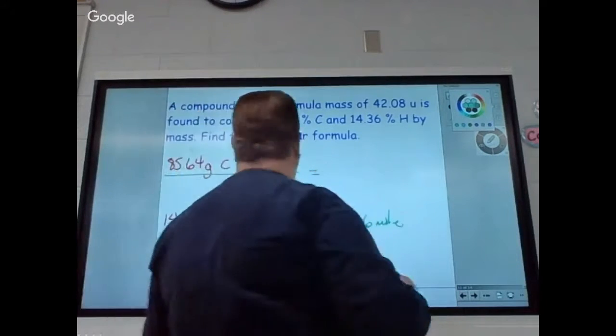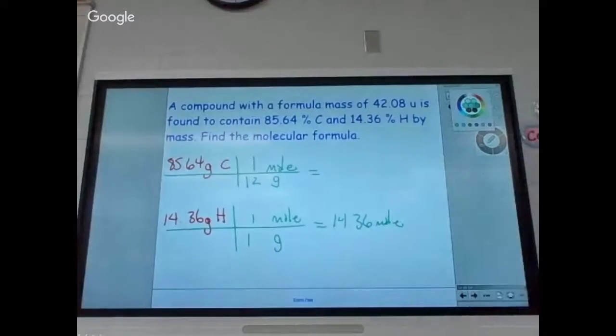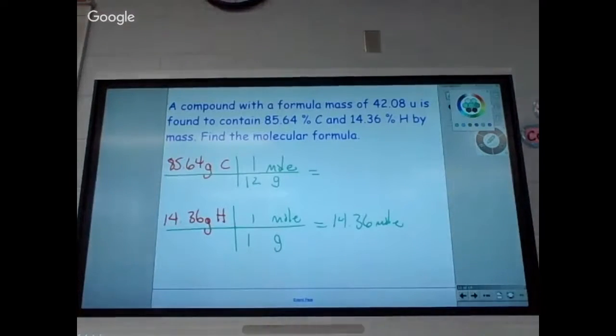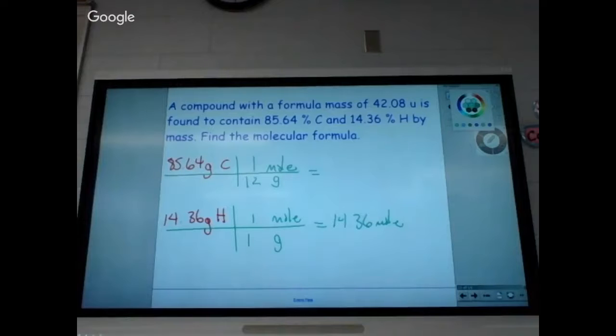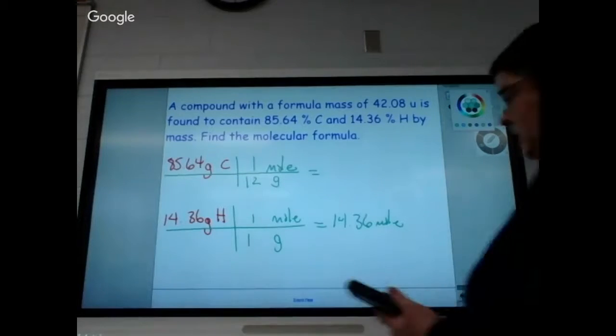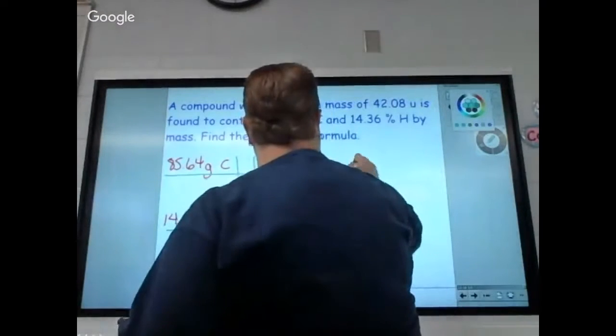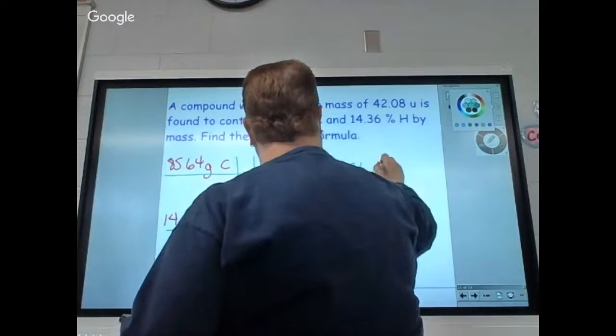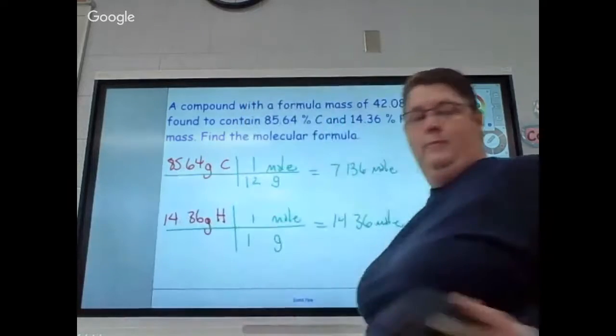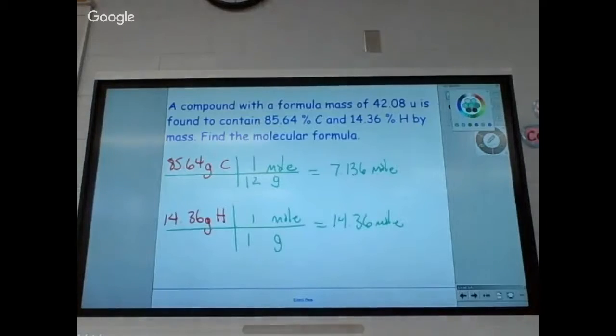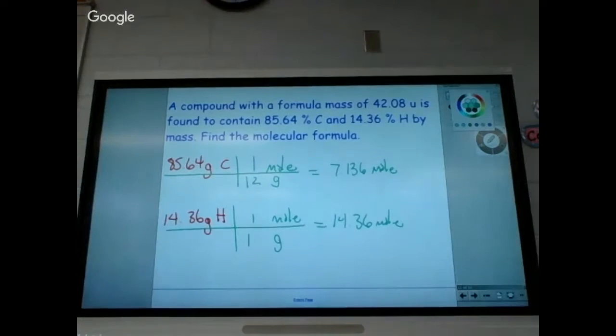And let me use the calculator on that one rather than guess. I think I know, but yeah, that would have been in the ballpark. All right, so what do I do from there? Divide by the smallest.